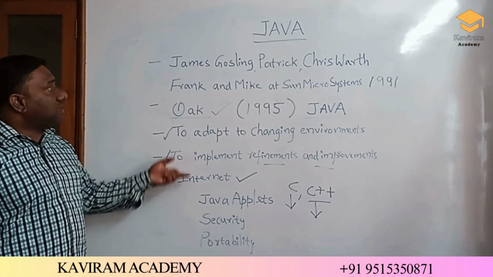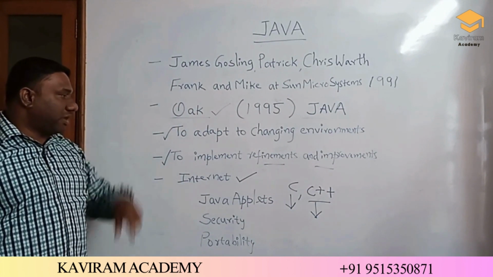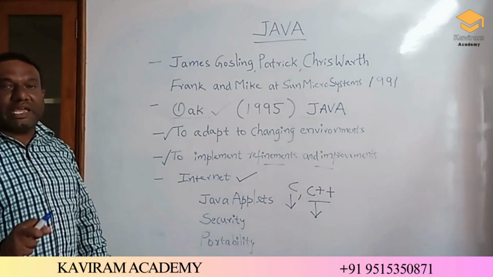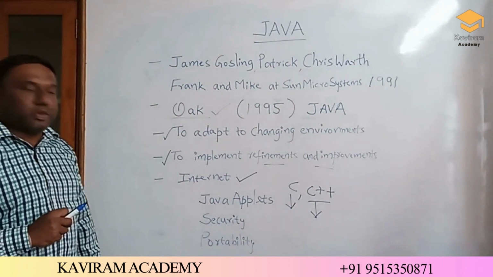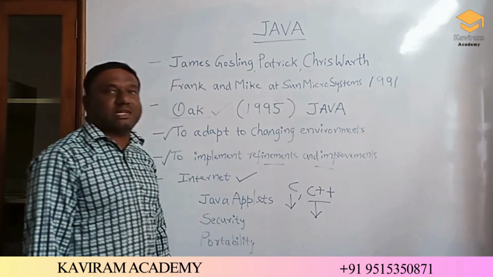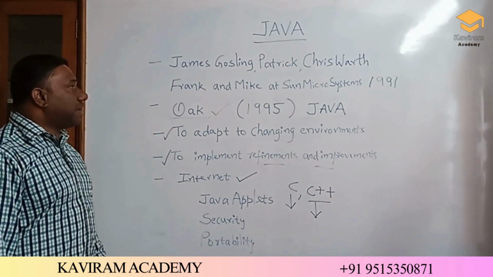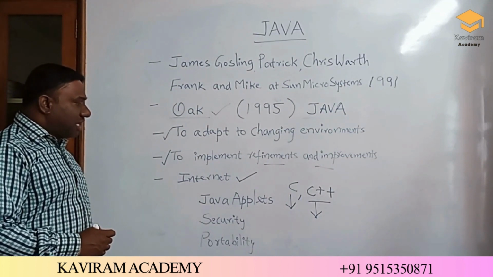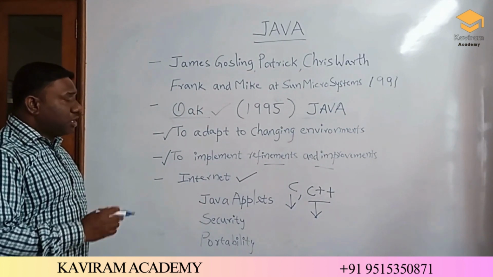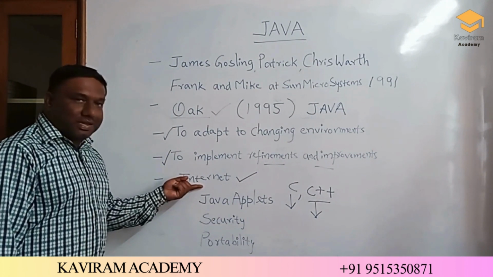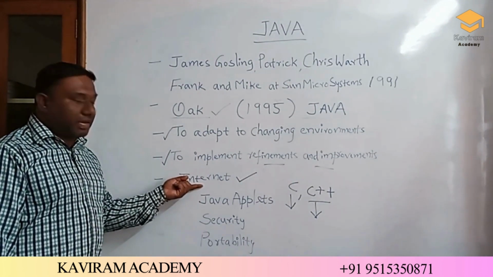This is the introduction to Java programming. When coming to the internet, we have talked about web-based applications. Java supports web-based applications, whereas C and C++ do not support them.